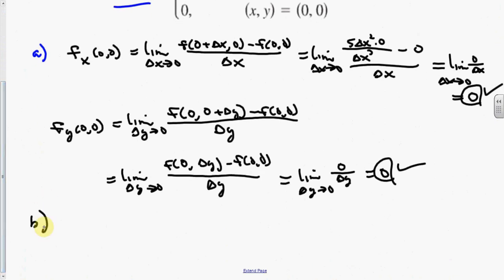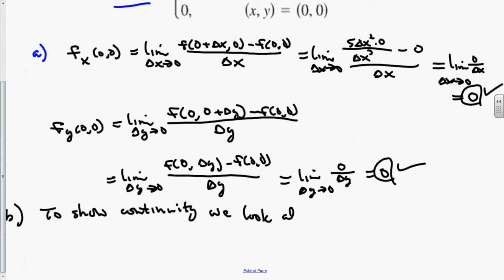Part B. To show continuity, we look at f as it travels to the origin along different paths.